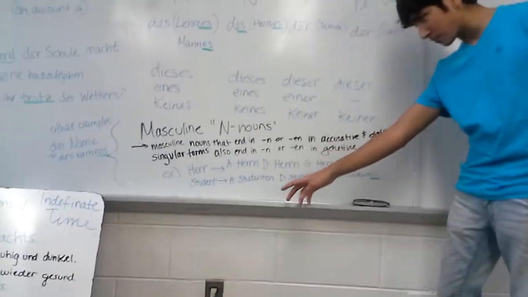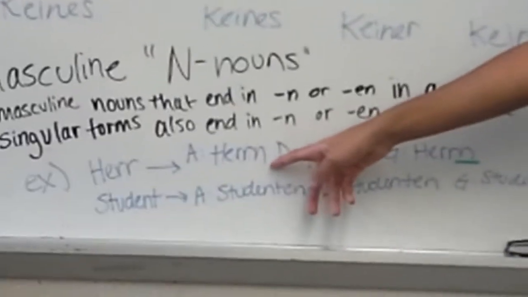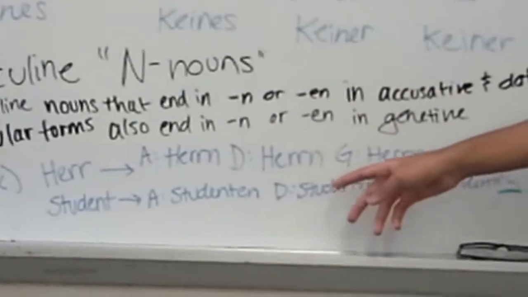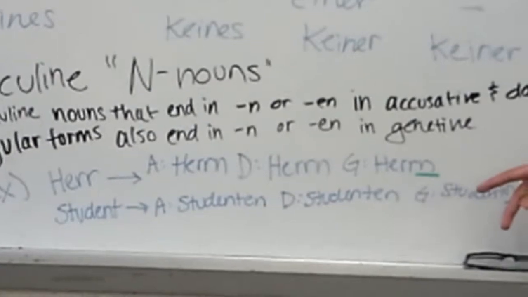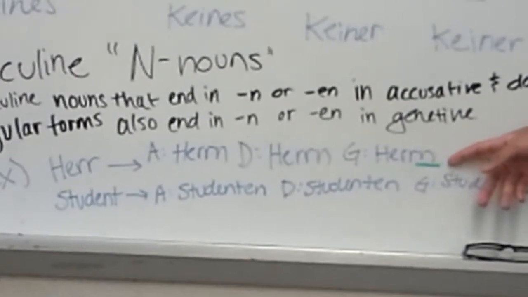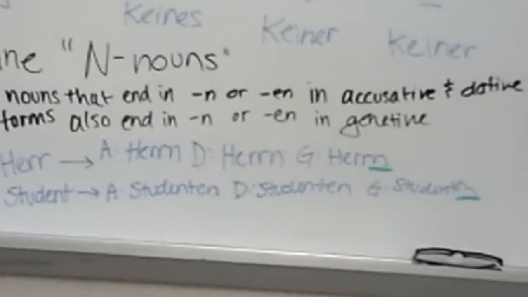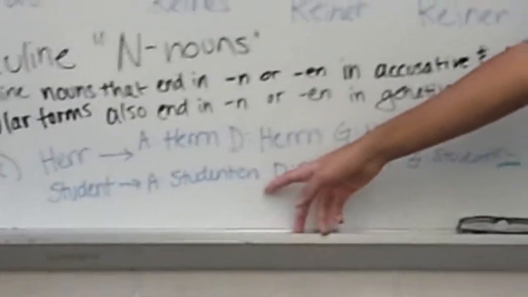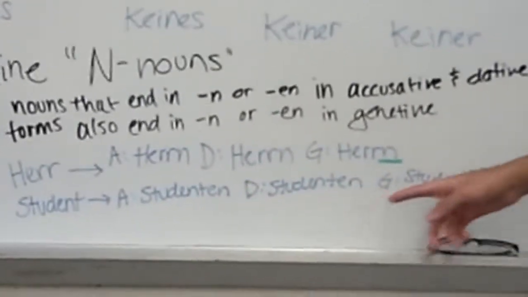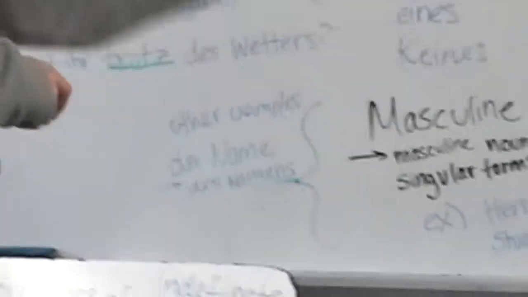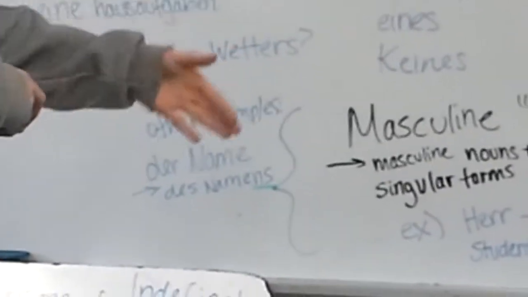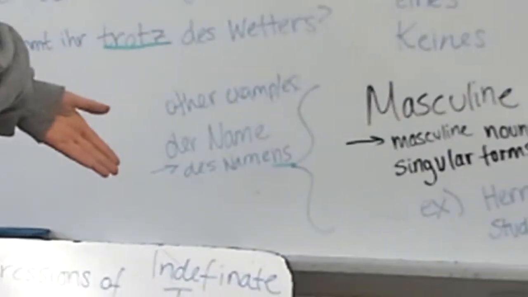For the accusative, Herr changes to Herrn, and also in dative you add an n, Herrn, and therefore in genitive it also changes to Herrn. For Student, accusative adds en, and so does dative, and so does genitive. Of course, there are other nouns that will also do this in the accusative and dative, and therefore the genitive.